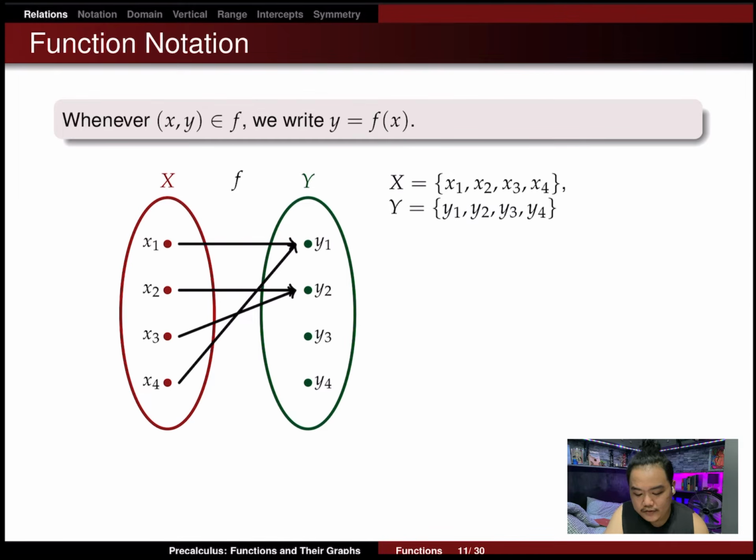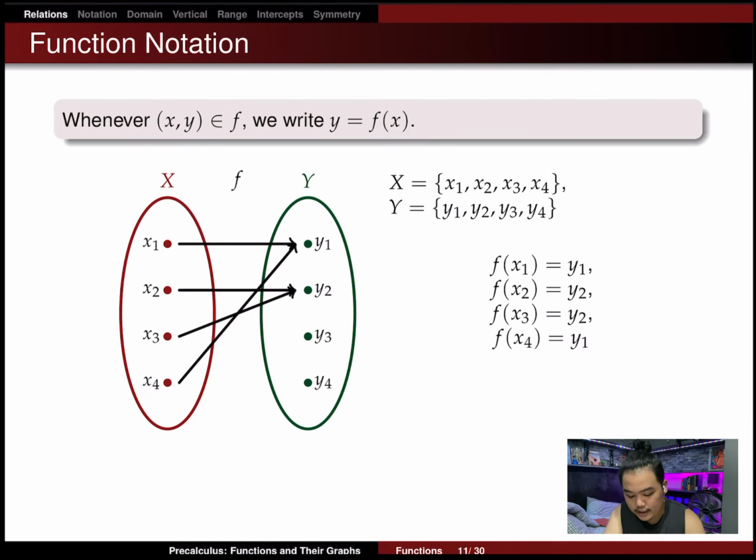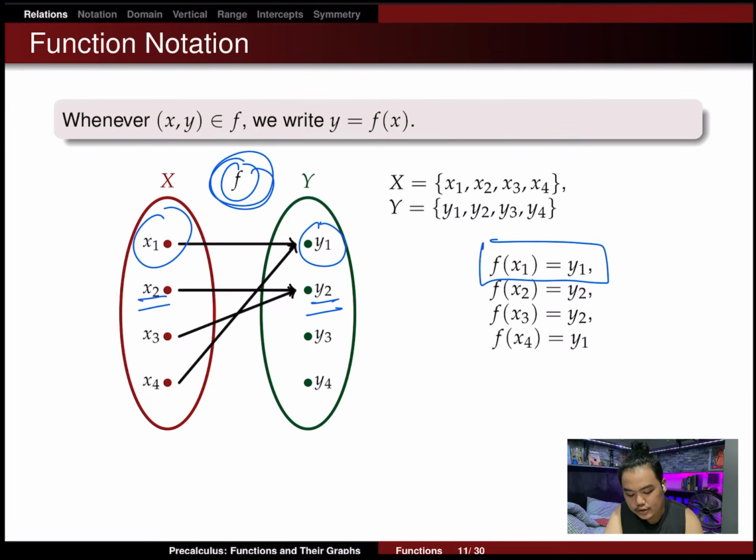Let's say we have this function. Okay, so x1 is mapped to y1, x2 is mapped to y2, etc. If you would like that to be written in our function notation, you should write y1 is equal to f of x1. y2 is f of x2.